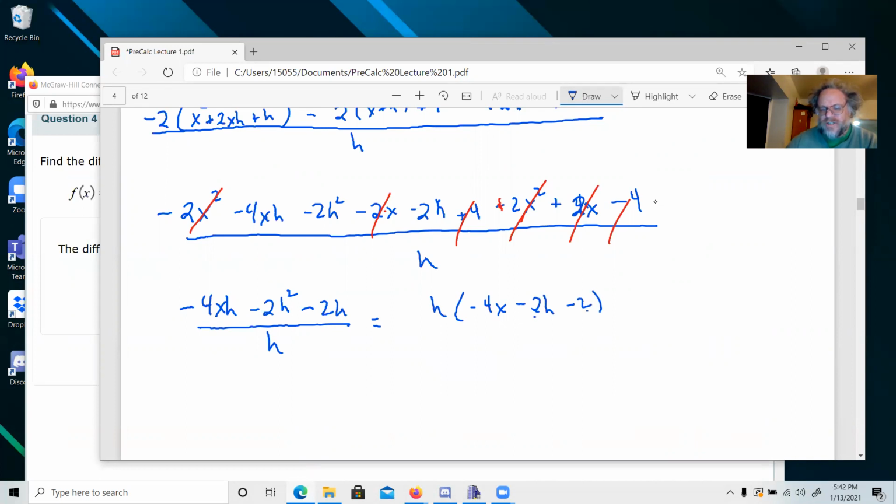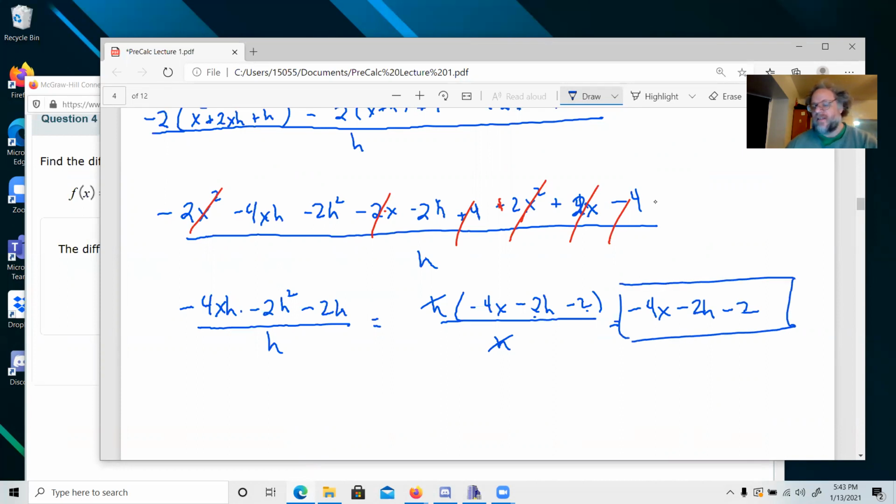We pulled out an h, so we only have minus 2. We pulled out an h, this goes down by 1. We pulled out an h, that's by itself now. All divided by h. Those cancel. Negative 4x minus 2h minus 2. And there is your difference quotient. Okay, we cancel that h. Our job is done. So if that doesn't look like an answer, I know, it's terrible, but there it is.